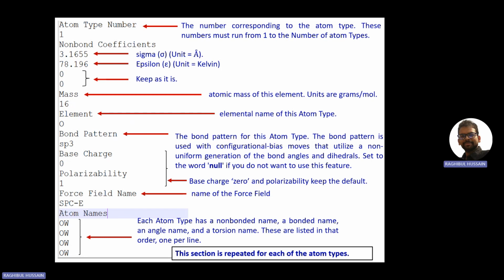This is the format, so you cannot remove these two lines. There will be four lines total, and the last two will be 0. Only change the first two lines. So convert your kilocalorie per mole into Kelvin and put that value.